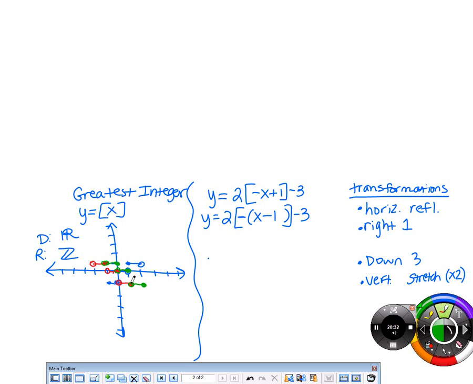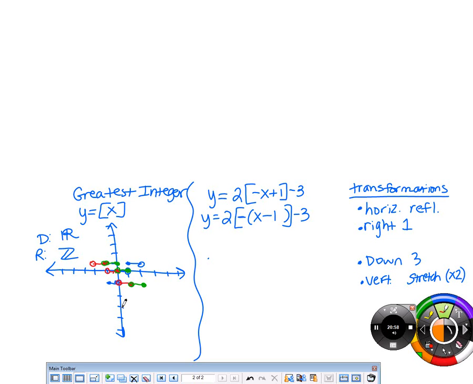Okay. Any questions on the horizontal reflection or moving to the right one? So you feel like if you wrote those things out and you had the parent function on your quiz tomorrow, you could do the horizontal reflection and then you can move it to the right. All right, so then we're going to move everything down 3. So again, this is kind of my main step. We start with that one.